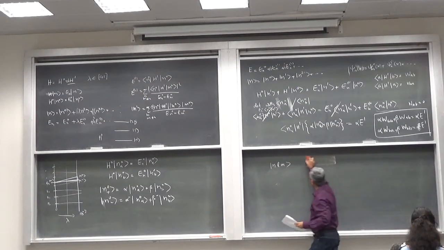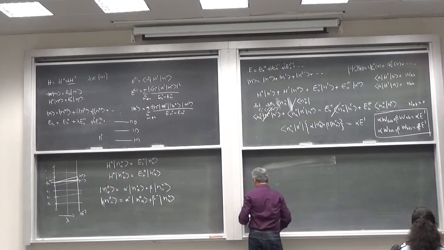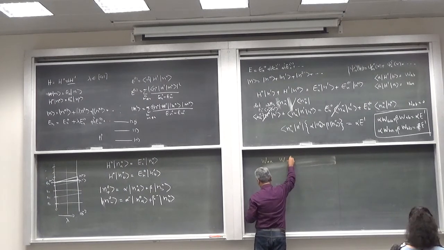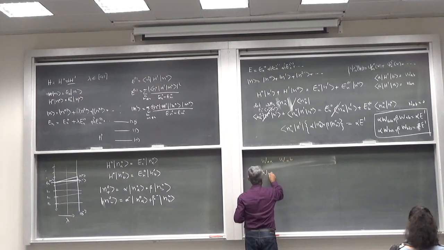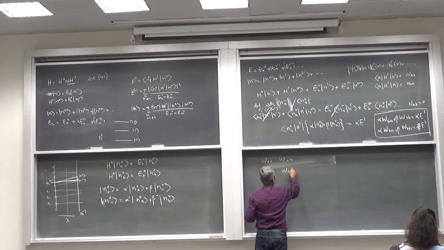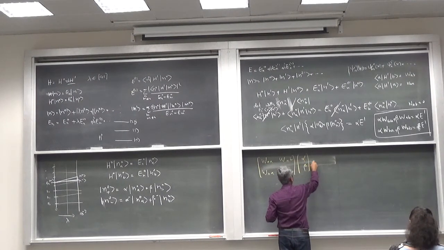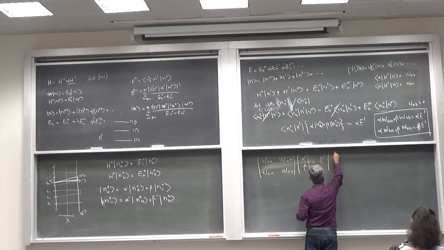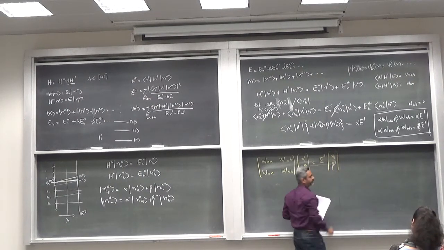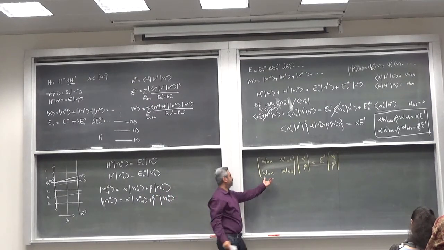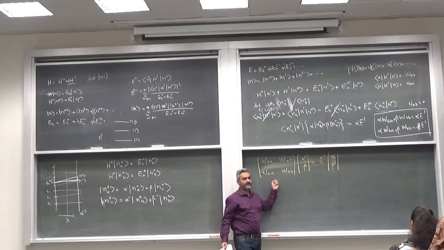You can write the whole system like this: omega AA, omega AB, omega BA, omega BB, times alpha beta is equal to E1 times alpha beta, right? Where do these come from?